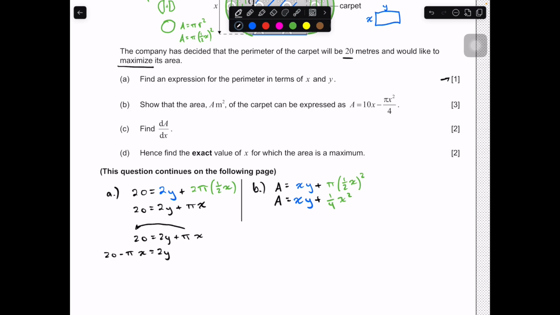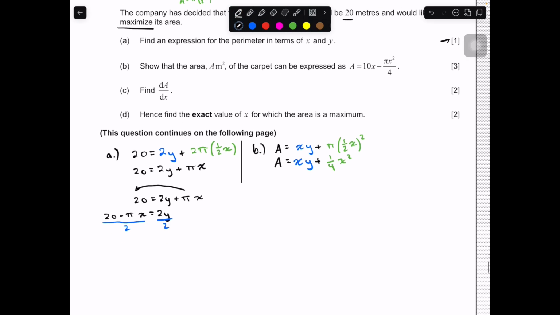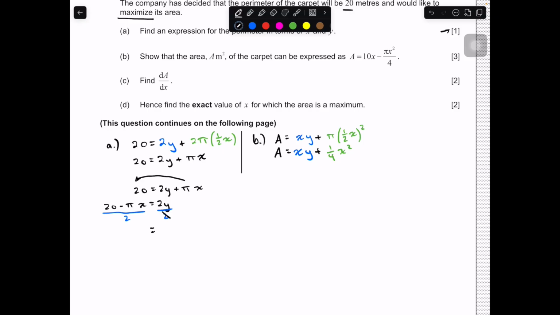We don't want 2y, we just want a single y, so let's divide both sides by 2. These are going to cancel out, and we'll have y is equal to 20 minus pi x over 2. I'm just going to switch this around, just because it looks better. So y is equal to 20 minus pi x over 2.